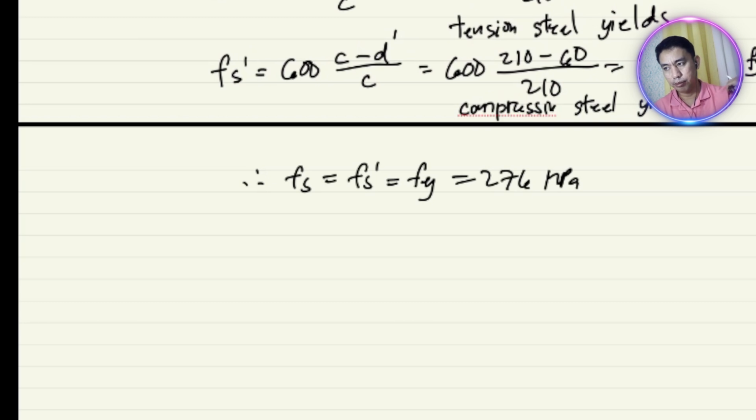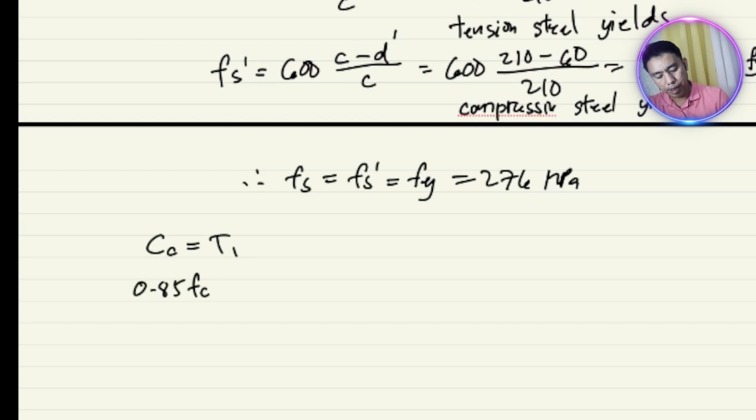So we can now solve the area using the equation Cc is equal to T1. Ayan, establish natin una. Ano yung Cc? 0.85 of fc prime ab. This should be equal to tension 1. Ano yung tension 1? As1 times Fy. This time we'll use Fy, di ba? Fs yan dapat. Fy kasi nga, Fs is equal to Fy.